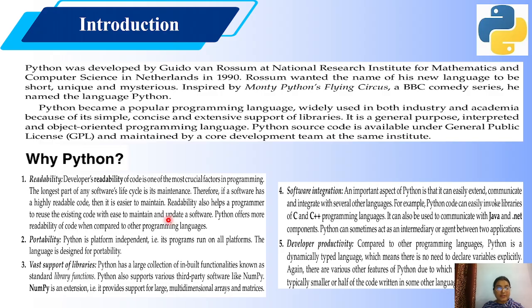Now the third part is its vast support of libraries. And yes, this is the most important reason Python is used in data analytics. That is for its libraries. Instead of reinventing the wheel, you can just pick the right tool.